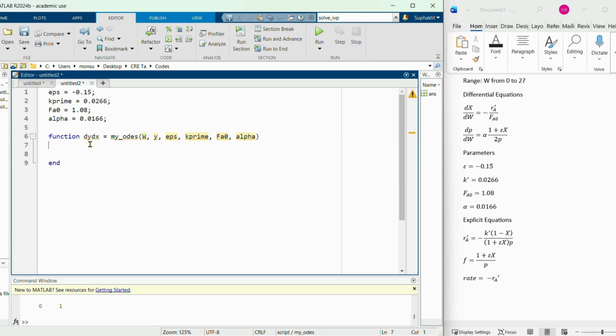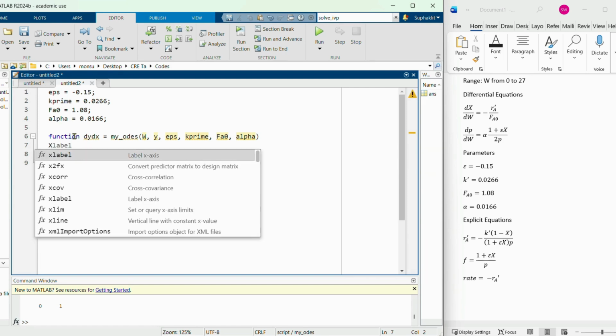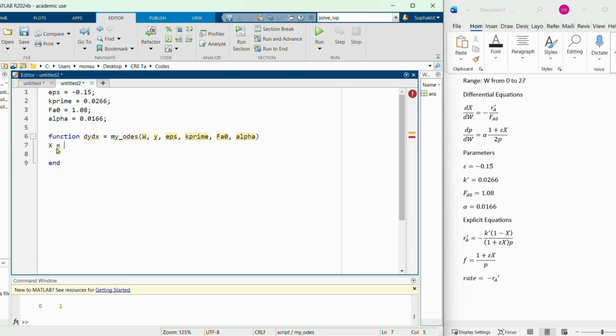So since we're going to define our dy/dx, I'm going to say that X, which is our conversion, is y1, and p is y2.